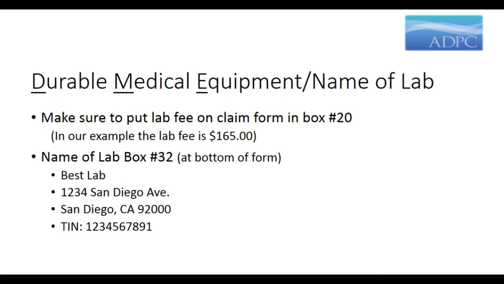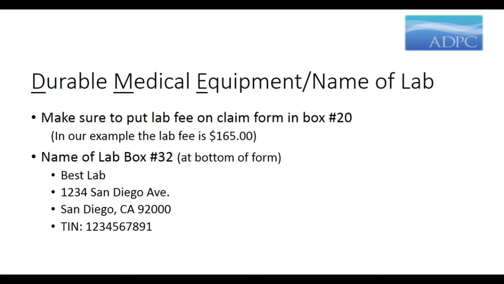Then we have box 20, and that is where we put the lab fee if in fact the insurance carrier considers a sleep apnea appliance a DME, which stands for durable medical equipment. If the insurance carrier considers a sleep apnea appliance DME, then we can put the lab fee in box 20, and only the lab fee.